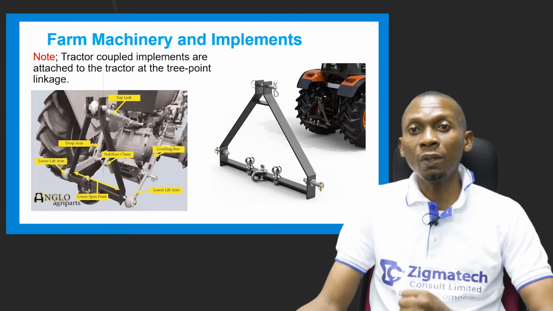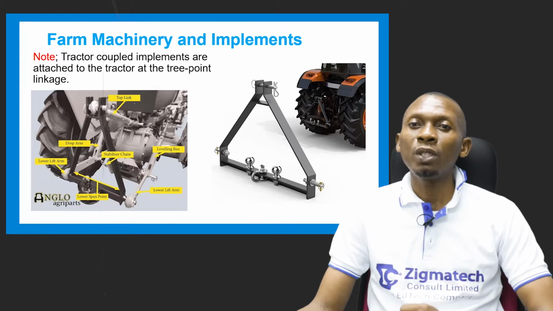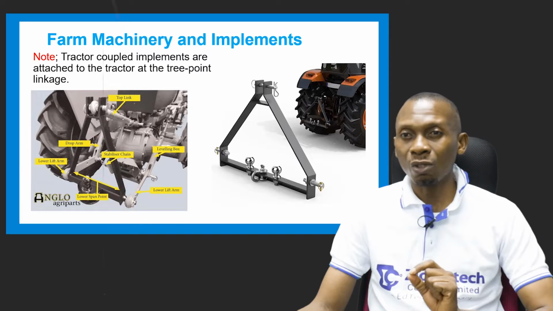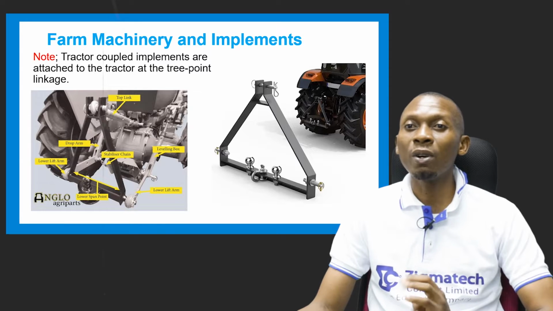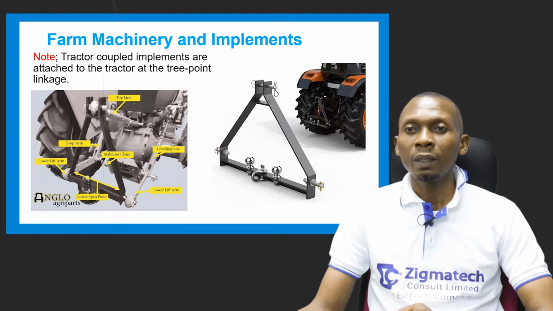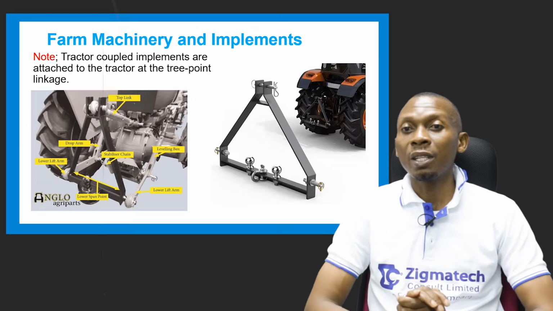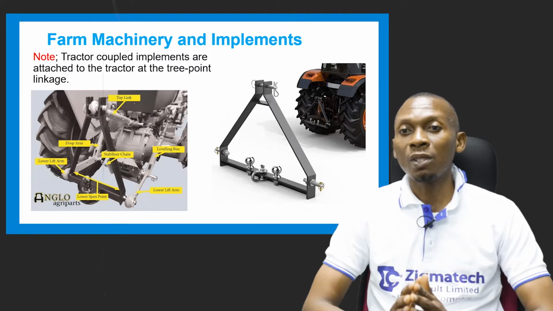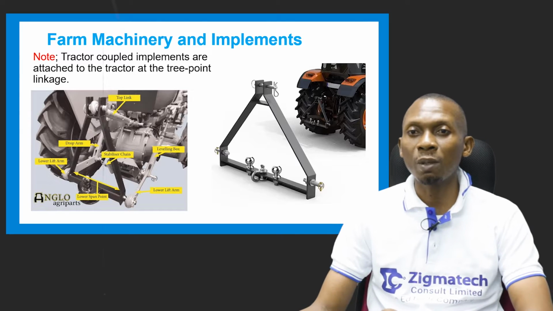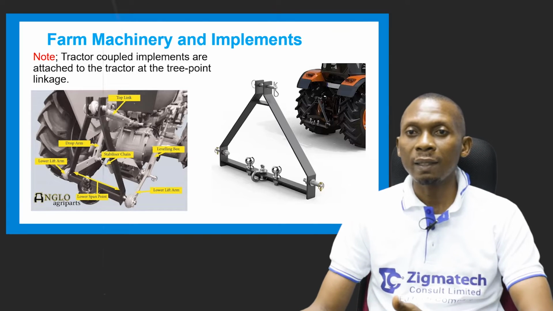You should also take note that tractor-coupled implements are attached to the tractor at a place called the 3-point linkage. Now, you cannot just attach these implements to the tractor without making good use of the 3-point linkage. Now, from the picture there, you can see how a 3-point linkage looks. You can see the parts of it.